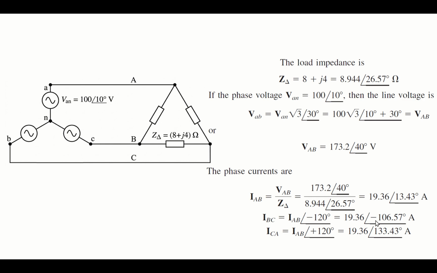So ICA is shifted by an angle of plus 120 to this. If we add 120 to this, it gives us 133.43 degrees.